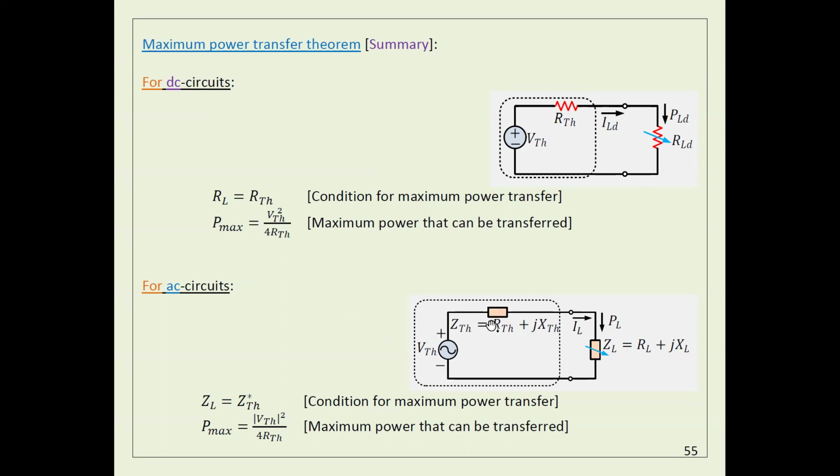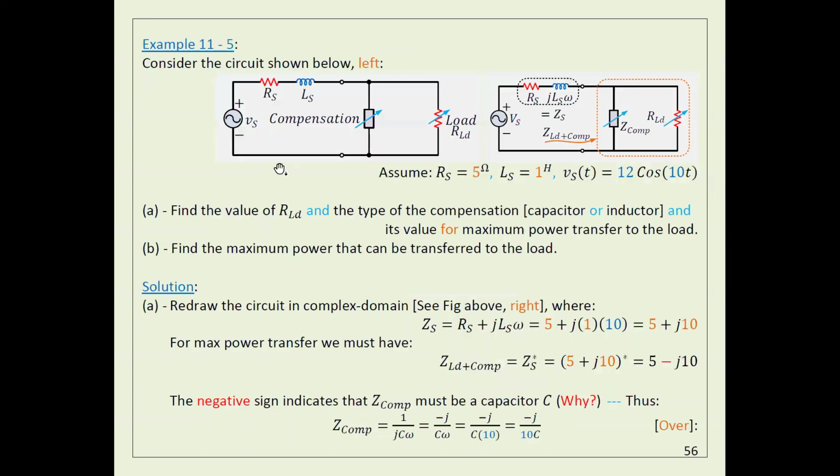This impedance is given to me, but this one is not, so I'm going to take the asterisk. That means the impedance of this part should equal ZS asterisk for maximum power transfer.